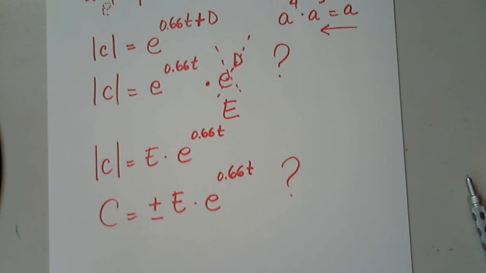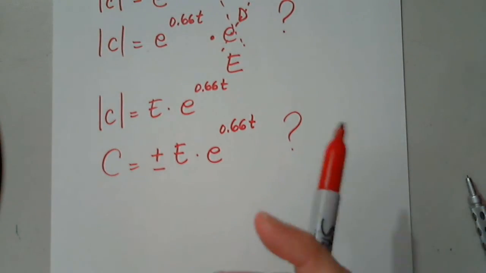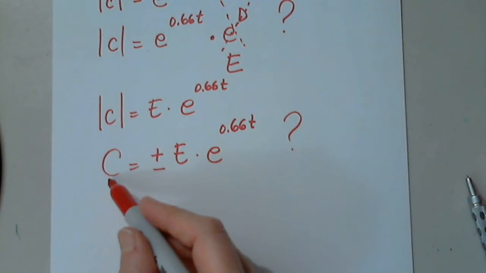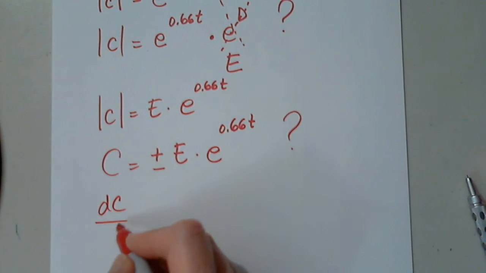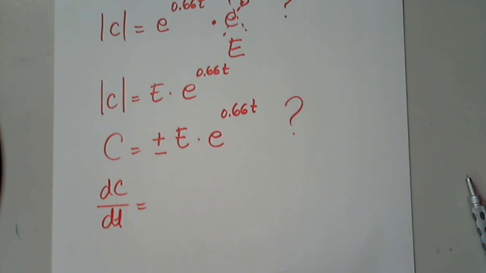So that's the idea behind solving a differential equation of this type. So find the general solution. We did. And check the solution by substituting into the differential equation. We can do that right now. I know you probably have a lot of questions, and we're going to look at other examples in a minute. So let's differentiate this. dc over dt equals.